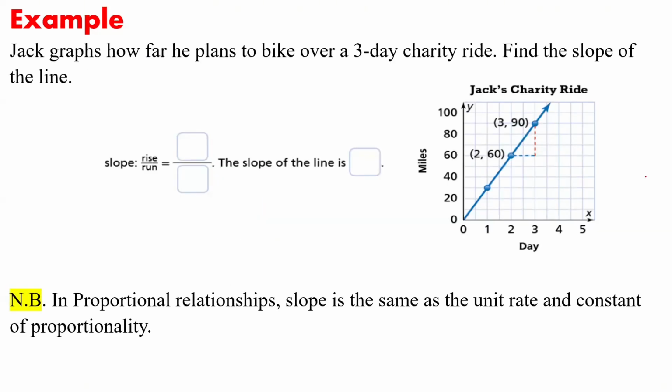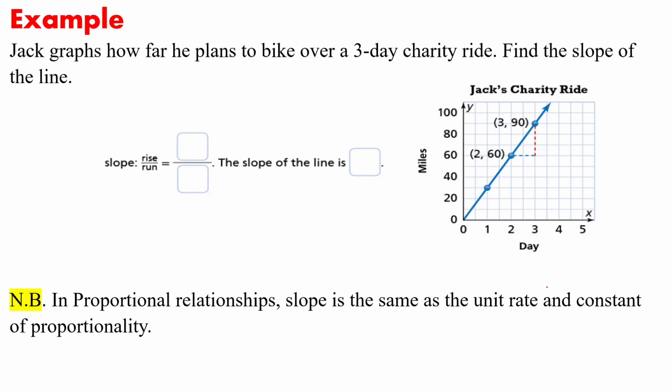Even though we have several ways to find the slope of a line, the focus in this video is to use the formula rise over run. In other videos, we will explore other formulas to find the slope.